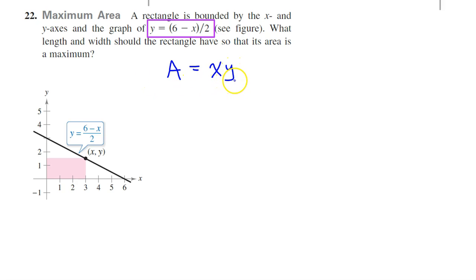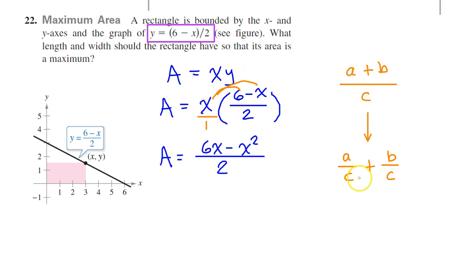The primary equation must be rewritten in terms of a single variable. That's where the secondary equation comes in. Let's use the expression y is equal to this to substitute for y in the area expression. Let's go ahead and view this x as x over 1 and distribute.